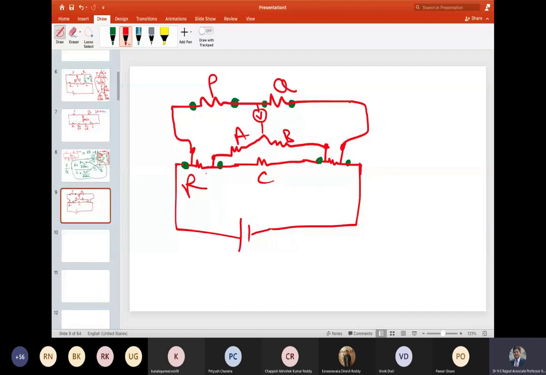Typically we have used 4 terminal resistance because these are low resistances and they are very difficult to measure. This resistance is actually 1 by 10 ohm, right? And this is what we want to identify, how much the value is. Now you see how resistances have been merged. This resistance and this resistance, you see, this is coming in series with P. So if P is 800 ohms plus 1 ohm, it is insignificant.